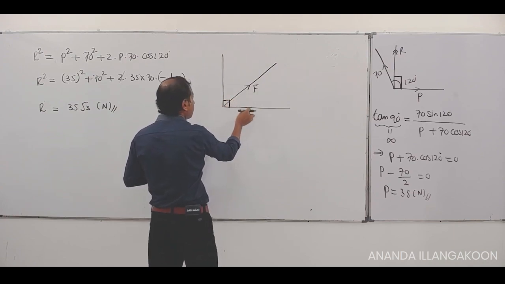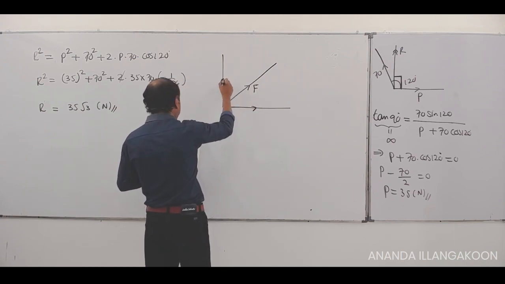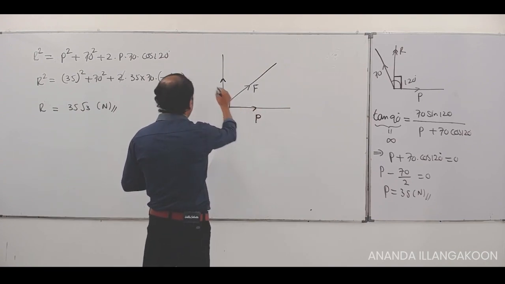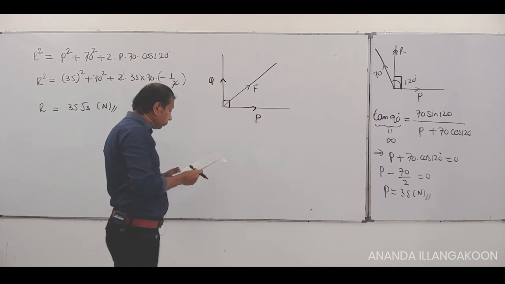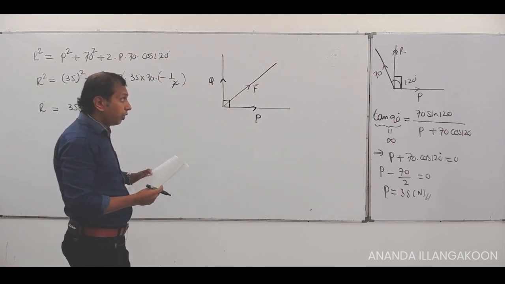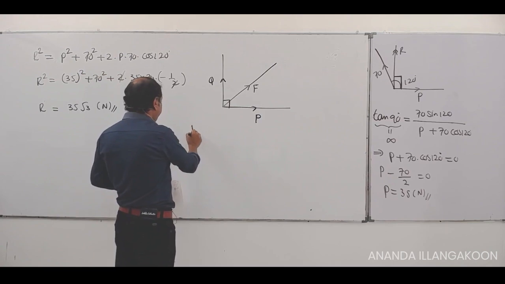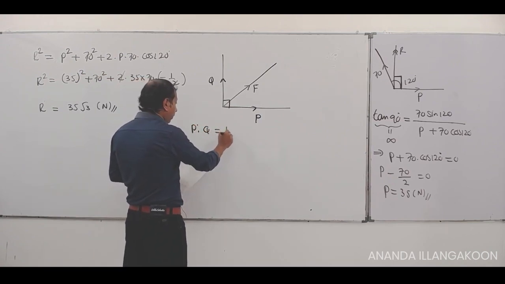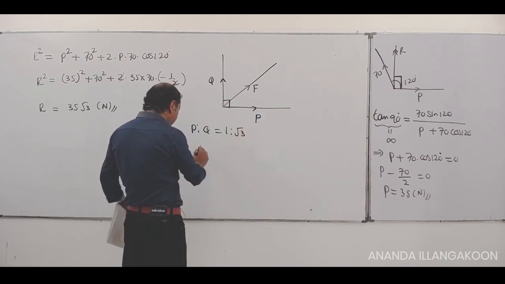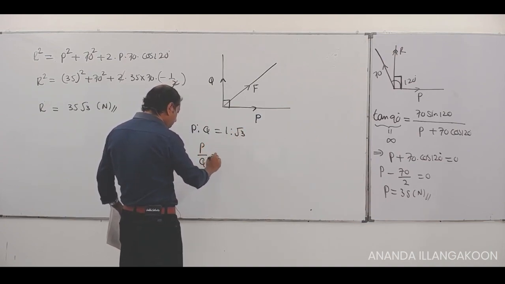The angle between these two directions is perpendicular to each other. This is P, this is Q, given. P is to Q is 1 is to root 3. It says P divided by Q equals 1 over root 3.